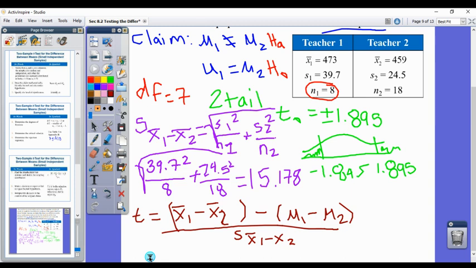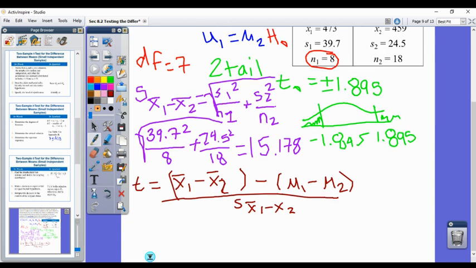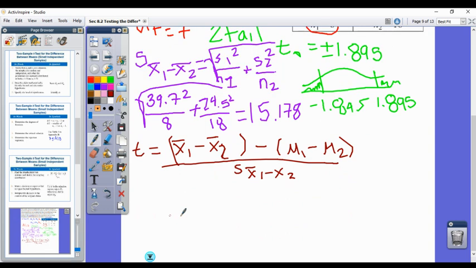Okay, so from the chart, we know that x bar 1 is 473 minus 459. Our null hypothesis is saying that our means are equal, and if our means are equal, that's going to end up 0 when we subtract.